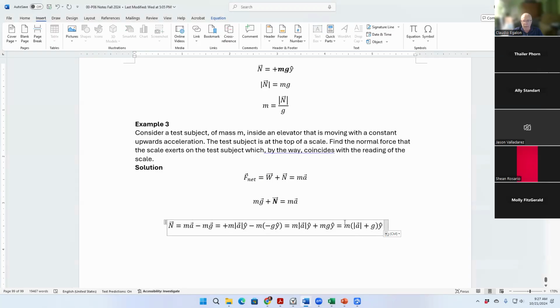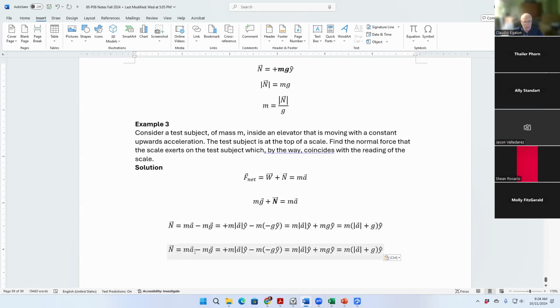I'm going to put m and y hat in evidence. M and y hat in evidence. So what was mg before, now is going to be mg plus m times something else, which is the acceleration. Okay, and now I can write down my final equation.